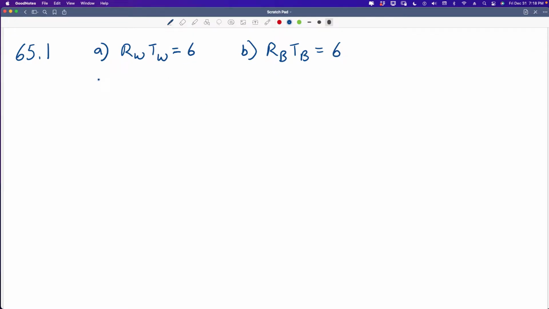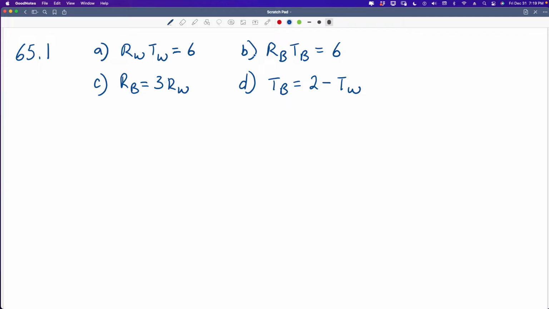So that's good. That gives us a relationship there. C tells us that RB is equal to 3 times RW. And then we are told that D is that TB is equal to 2 minus TW.